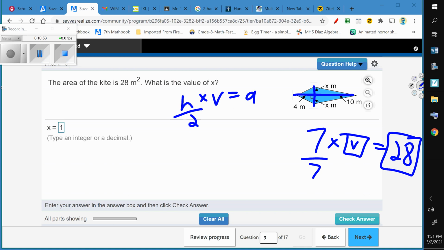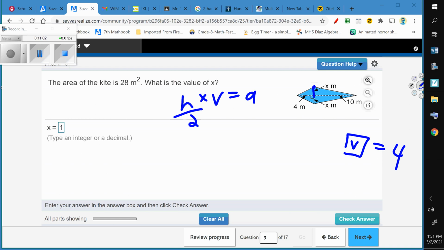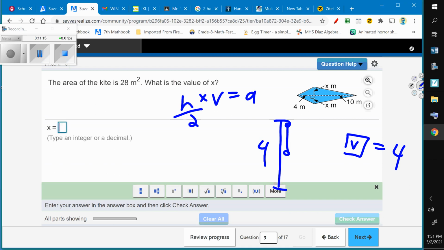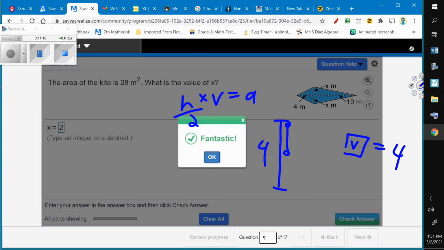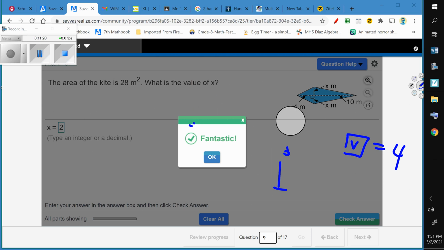So now I can divide by 7, and my vertical distance is 4. And what that means is the distance from here to here is 4. So what's 4 cut in half? If that whole thing from the top to the bottom is 4, then what's half of that? Half of 4 is 2. There we go. My fault, guys. Sorry about that.